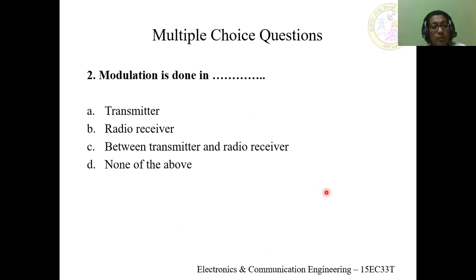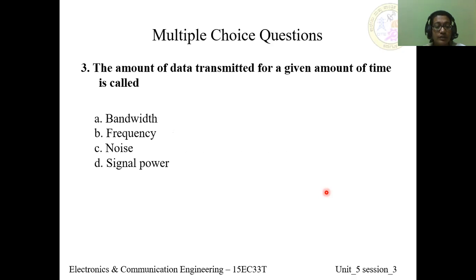Question number 2. Modulation is done in: transmitter, radio receiver, between the transmitter and receiver, or none of the above. Answer is A, transmitter. Modulation is a process that is always done at the transmitter side. Question number 3.